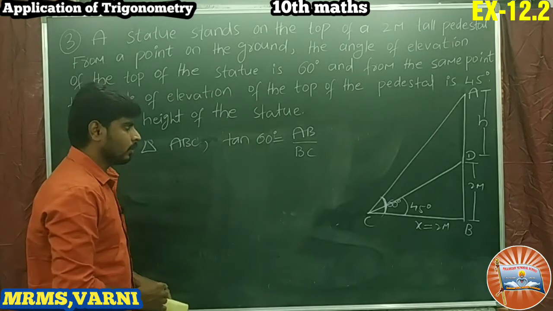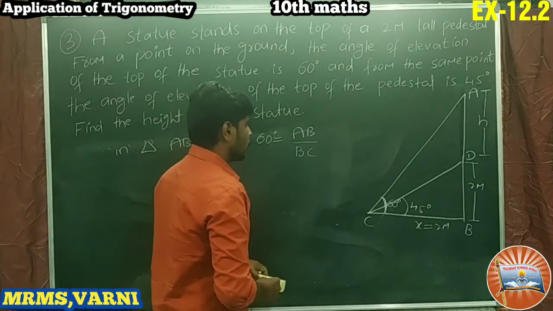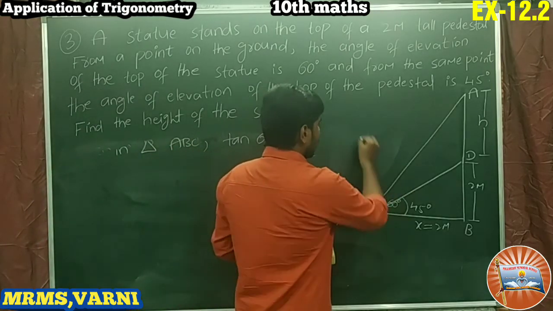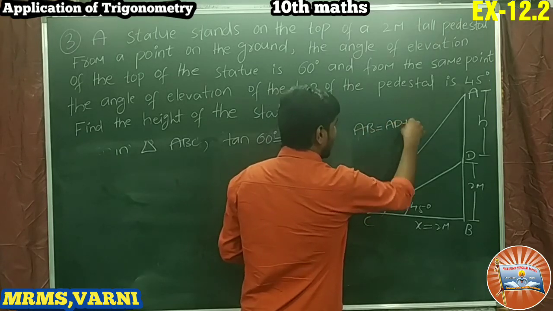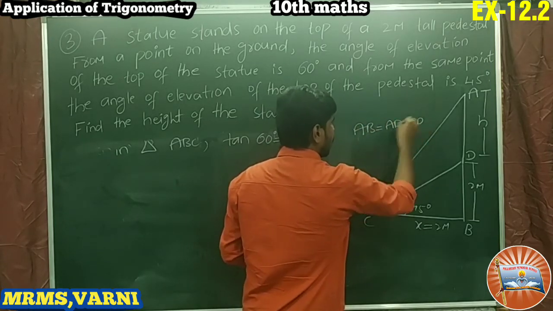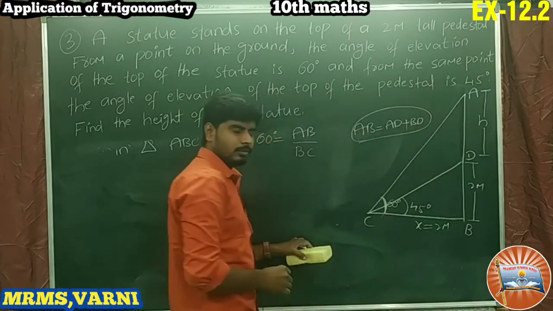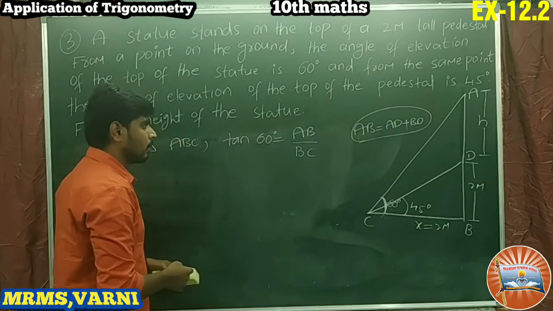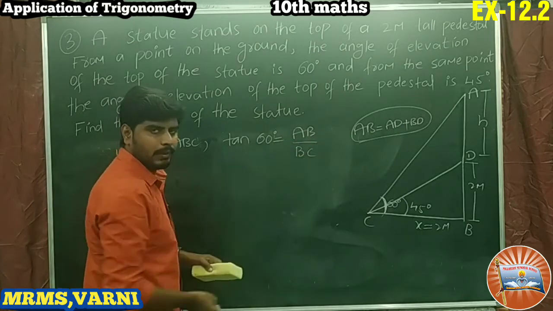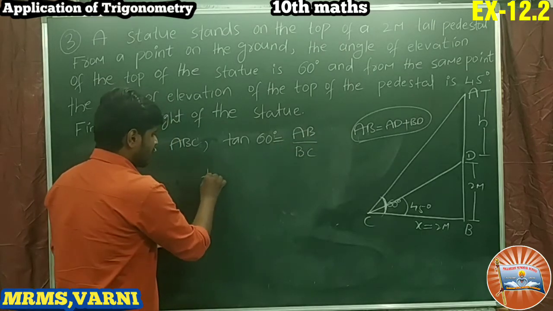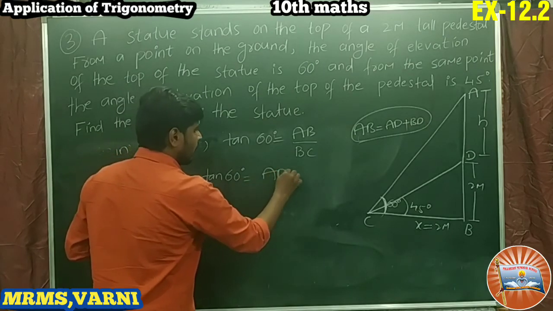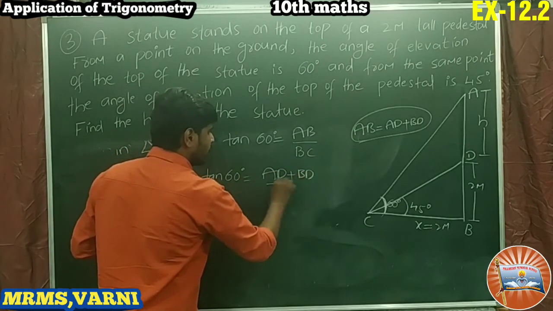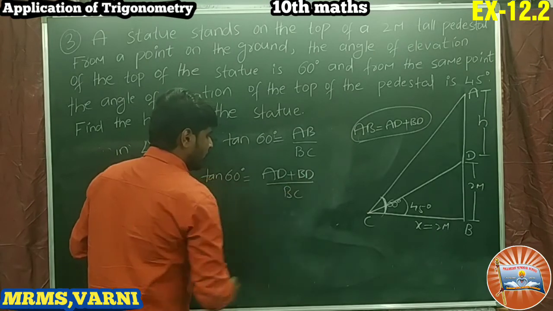If you observe the figure, AB is nothing but the sum of AD plus BD. So tan 60 is equal to AD plus BD by BC.